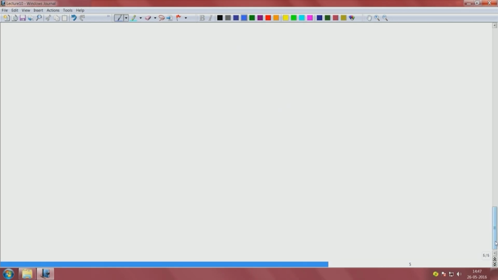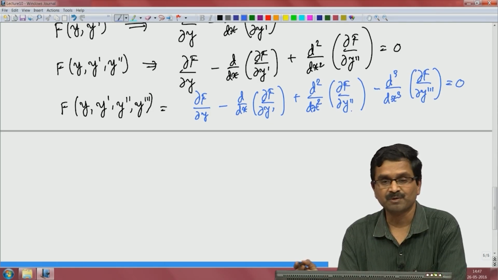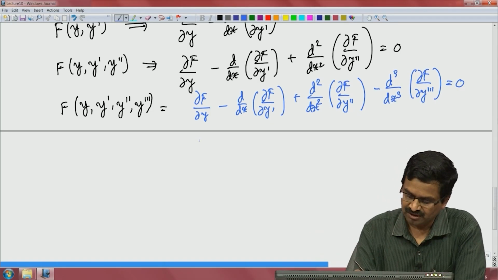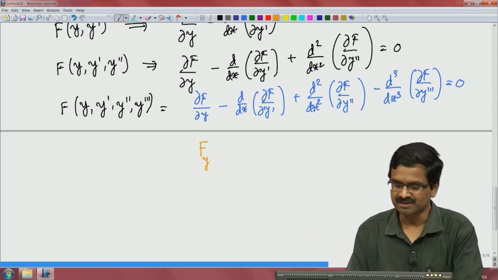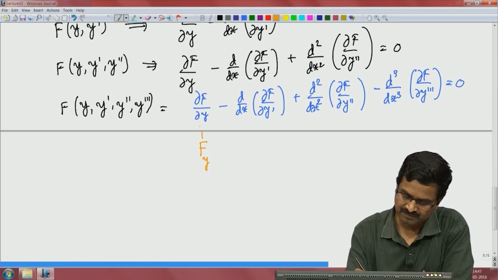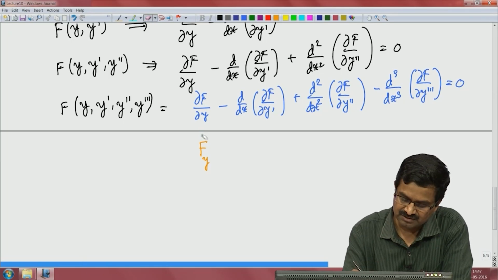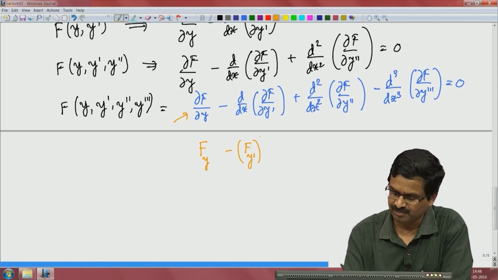In fact, when you take n derivatives, the same pattern will continue: plus, minus, plus, minus, for ∂f/∂y, y prime, y double prime, y triple prime and so forth. So, let us use a shorthand notation, so that we do not have to write this. f sub y means ∂f/∂y. Then the next one we write f sub y prime for ∂f/∂y prime, and then we put a prime there.